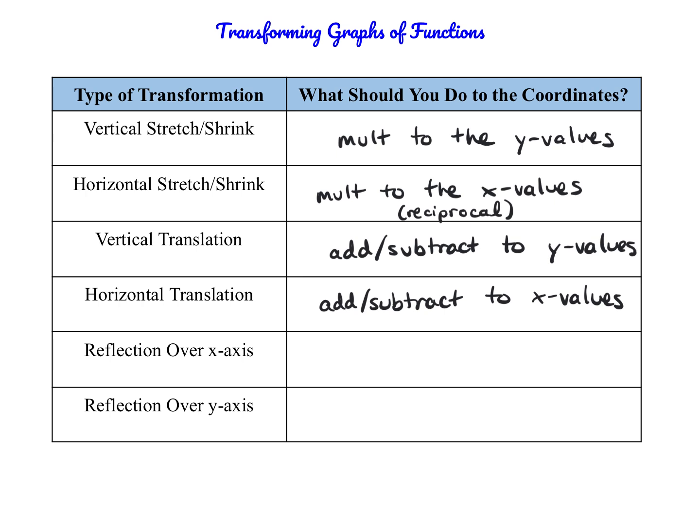And then for a reflection over the x-axis, we actually are going to multiply the y values by -1 because a reflection over the x-axis actually is a vertical reflection. It's going top to bottom or vice versa. And for a reflection over the y-axis, we're going to multiply the x values by -1. And so we can do this to pictures of graphs we already have to graph a new function that's been transformed.